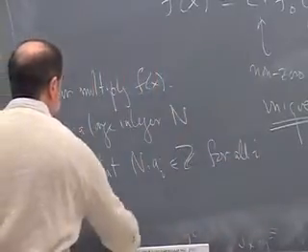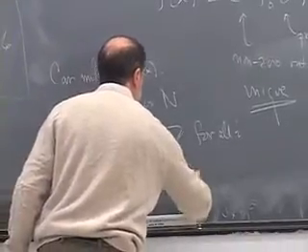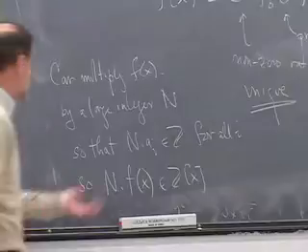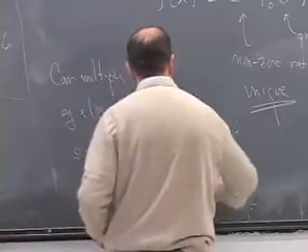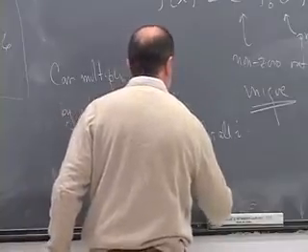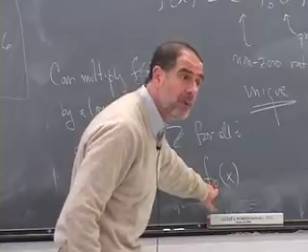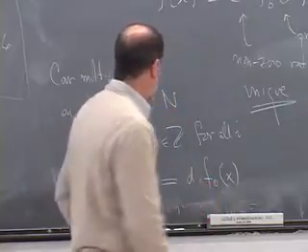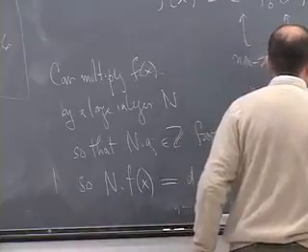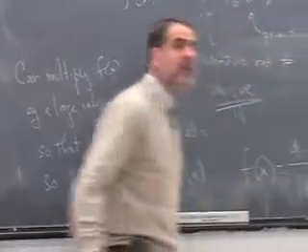So n times f of x is in Z[x]. Okay? And then I write that uniquely as d times f0 of x, where d is an integer and f0 is a primitive polynomial. And then I've got an f of x written as d over n times f0 of x. So it's written as a rational number times a primitive polynomial.